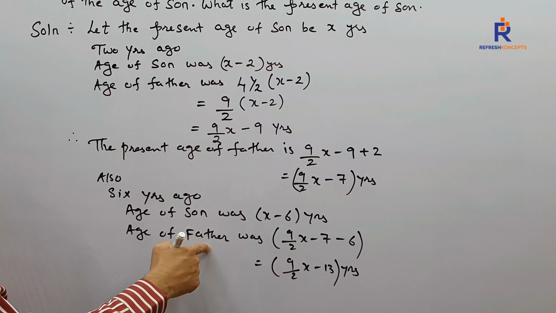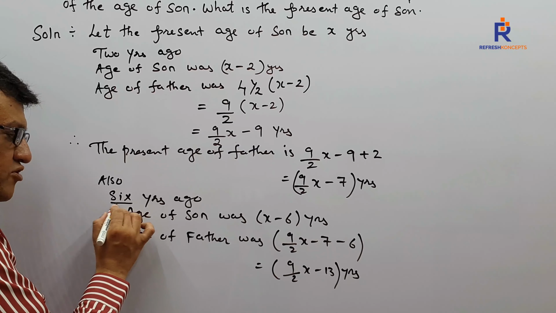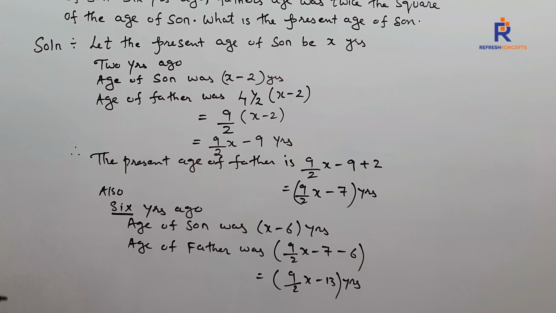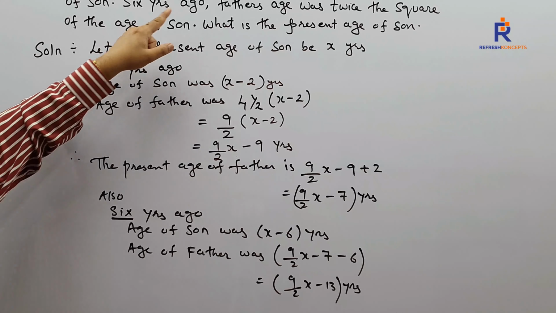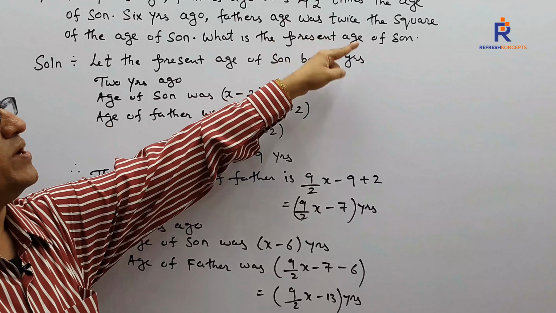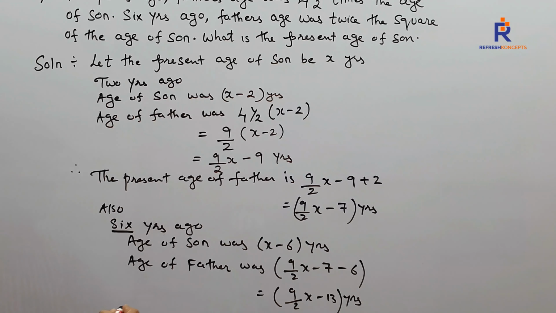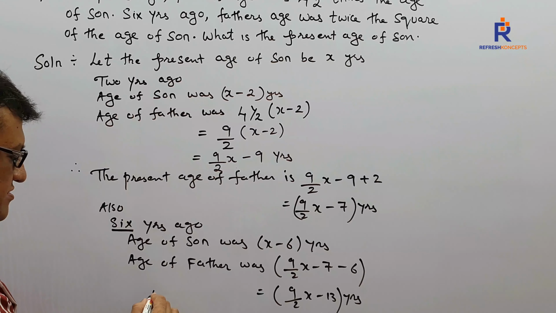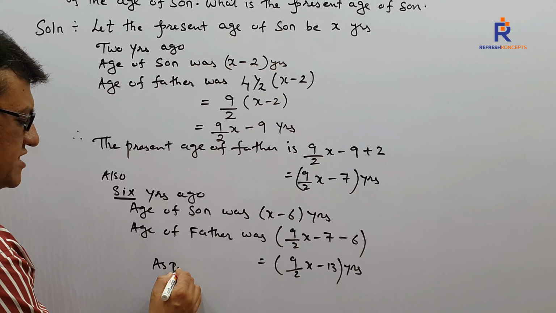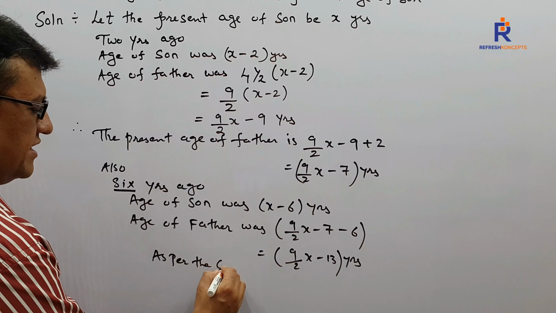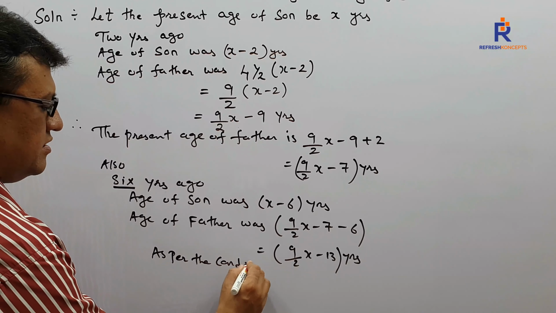This is the age of father 6 years ago, mind you. The condition says 6 years ago, father was twice the square of the son's age. What is the condition?